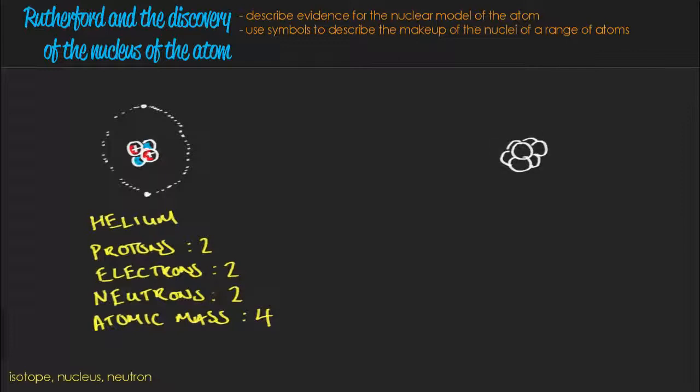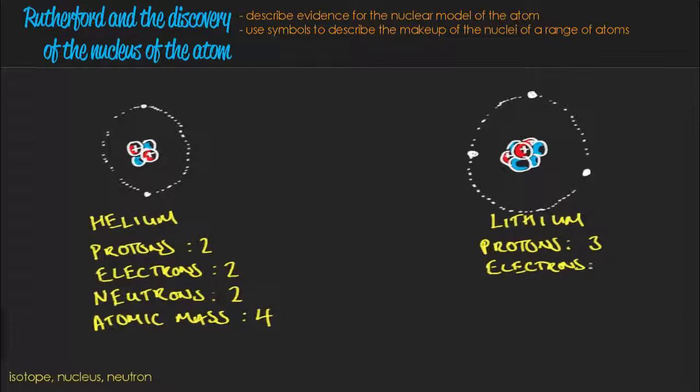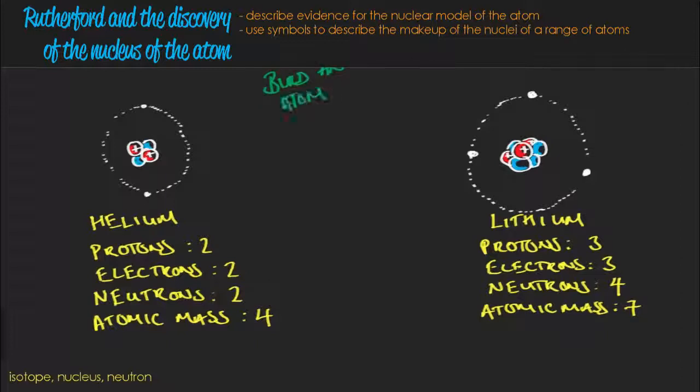It weighed 7 times as much as hydrogen, but its nucleus was only 3 times as positively charged. That meant it had to have 3 protons and 3 electrons to match, with another 4 neutrons to make it up to 7 mass units. You can practice adding particles up to make an atom over on the PhET website at the University of Colorado. I'll leave a link to the activity here.